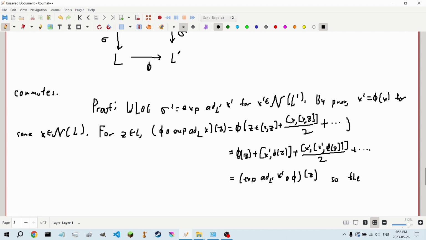So the diagram is going to commute, as we want.